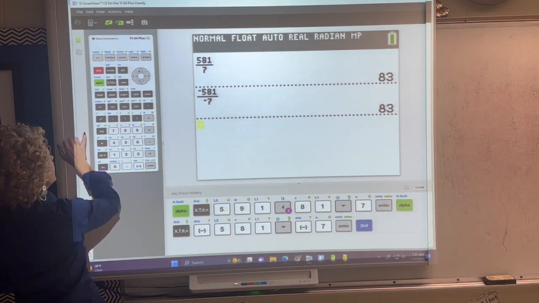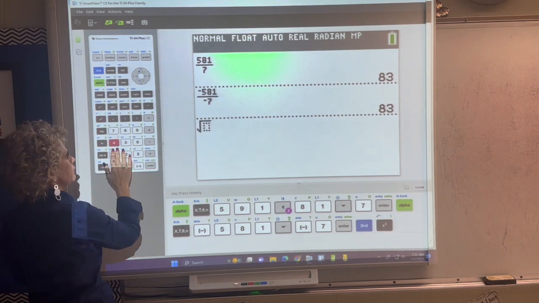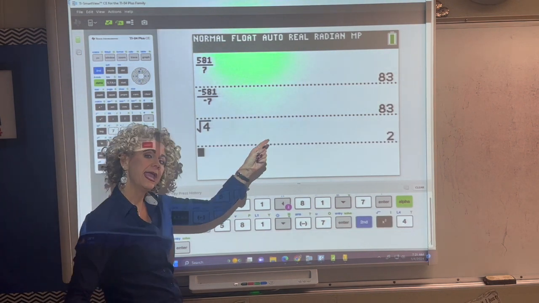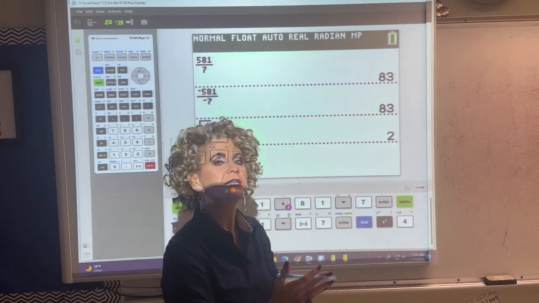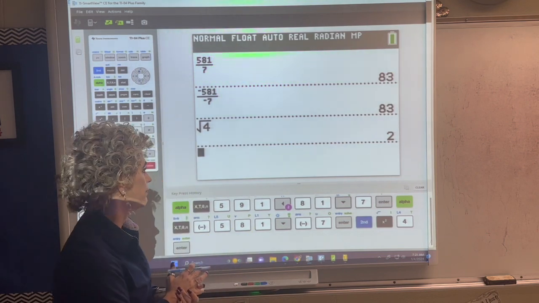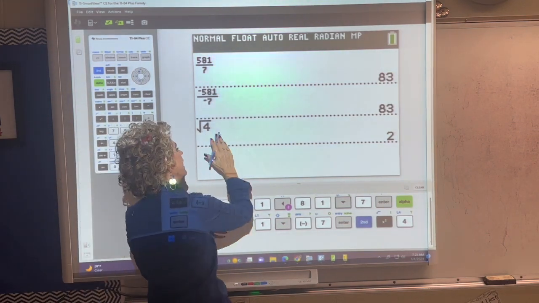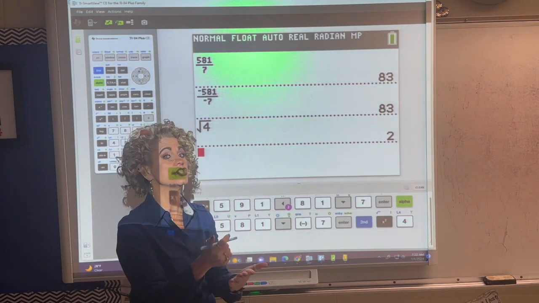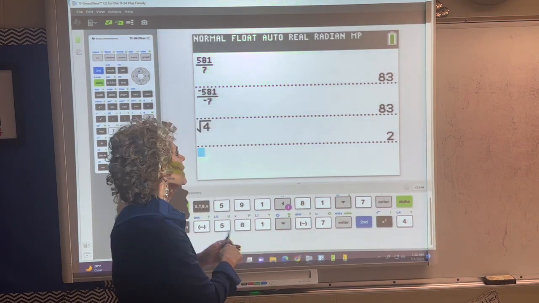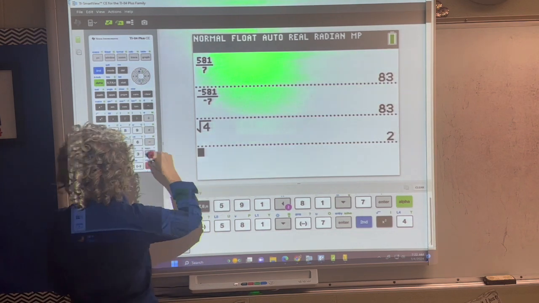If I take my square root of 4, I hit enter, my calculator will only spit back out my principal square root, which is the positive, okay? So even though my calculator gives me a positive 2, I have to have the mathematical knowledge to know it is also a negative 2. So now I need the square root of 83.